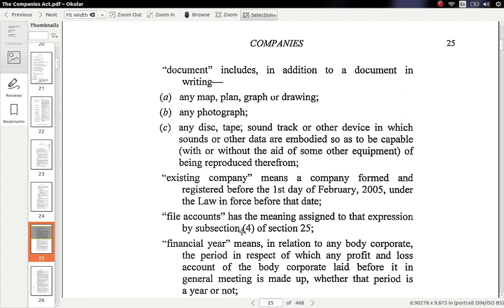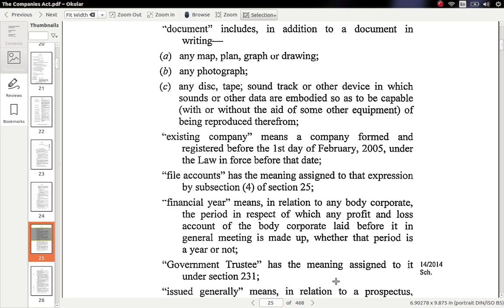File account has the meaning assigned to that expression by subsection 4 of section 25. Financial year means in relation to any body corporate, the period in respect of which any profit and loss account of that body corporate laid before it in general meeting is made up, whether that period is a year or not.